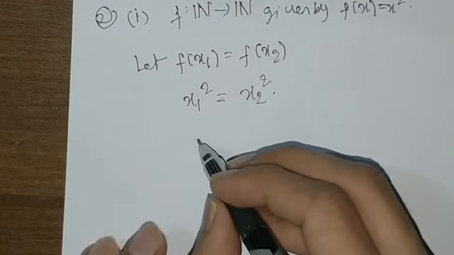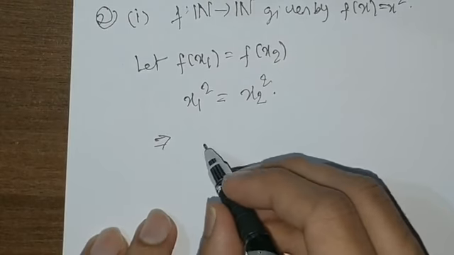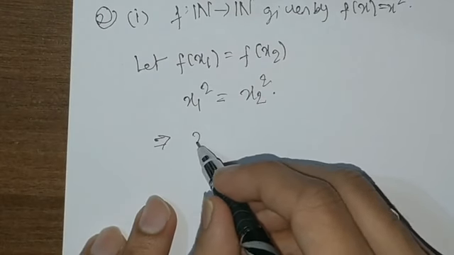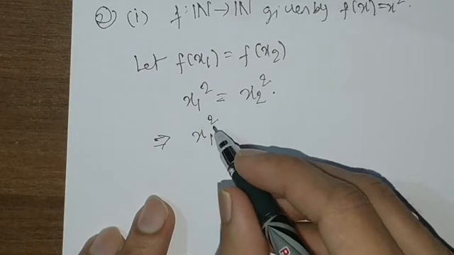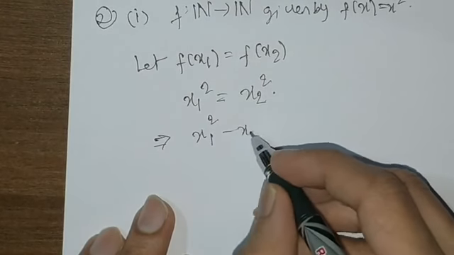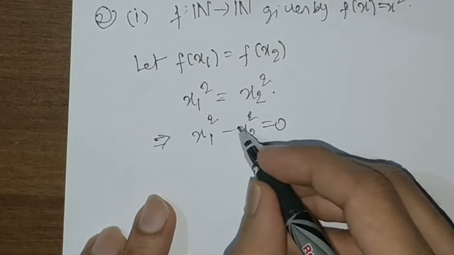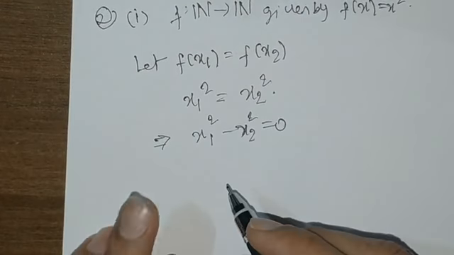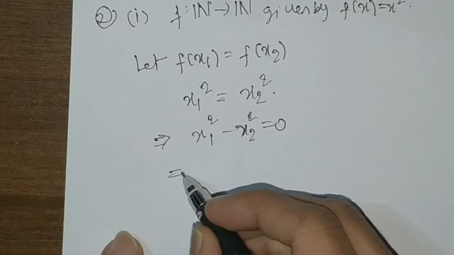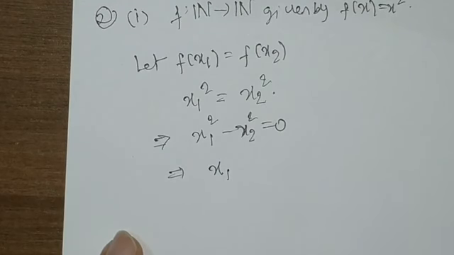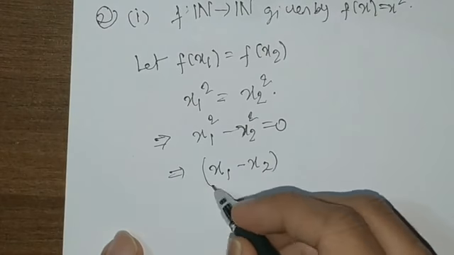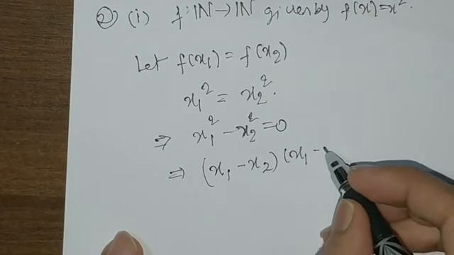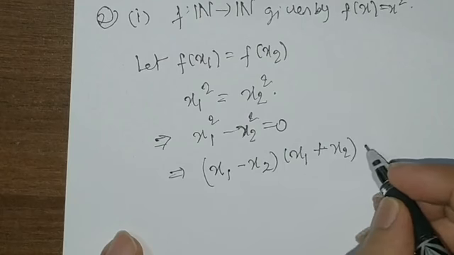So now if you solve this equation, how to solve this? x1 square minus x2 square equal to 0, that is you bring x2 the whole square on the other side. By the formula a square minus b square, you will get a minus b multiplied by a plus b, which is equal to 0.